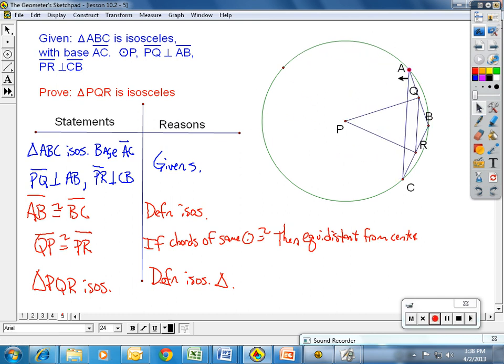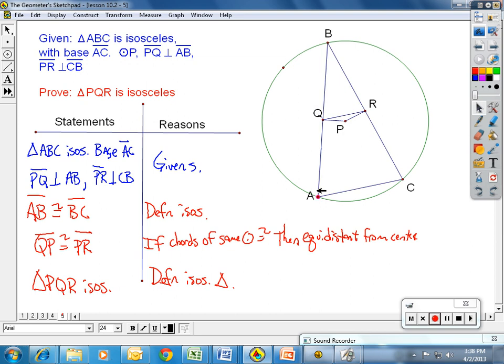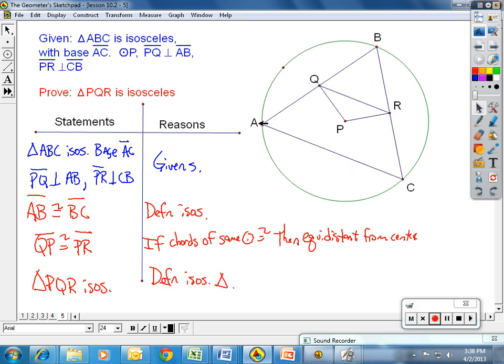Doesn't matter how I position this, those conditions hold. Therefore, this will always be an isosceles triangle. And that is the conclusion of tonight's lesson. Two theorems having to do with chord length and distance from the center. You've seen two examples, one in algebra, one a proof example.